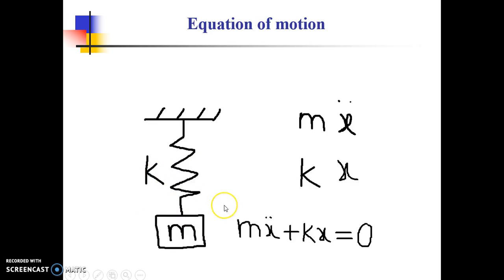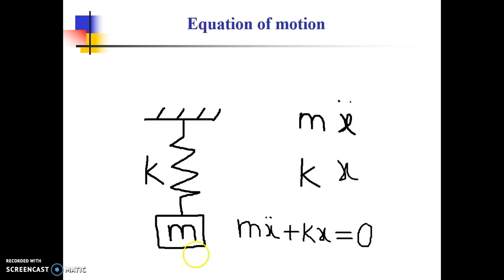Let us forget about the air resistance in the system. So K is the spring, which provides the resisting force, and the mass is the combined mass of the rider and the motorbike.